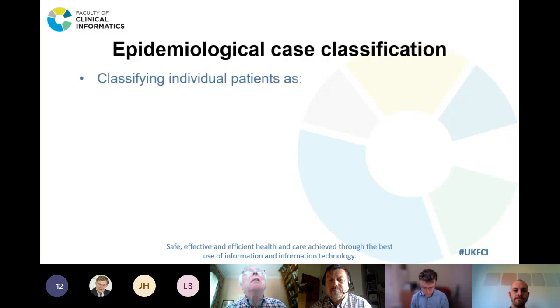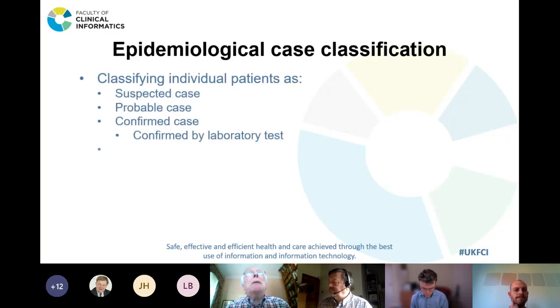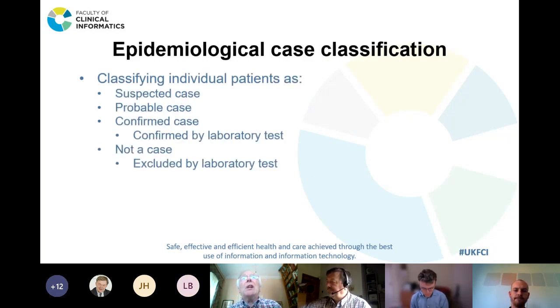Next slide. So a bit more about the epidemiological case classification. Obviously different organizations may classify individuals differently, but I think there's pretty strong international consensus actually. A suspected case would be somebody who's been exposed to the condition and has the classic symptoms of high fever, sore throat, breathlessness, those sorts of things, but hasn't had a test that confirms the condition.